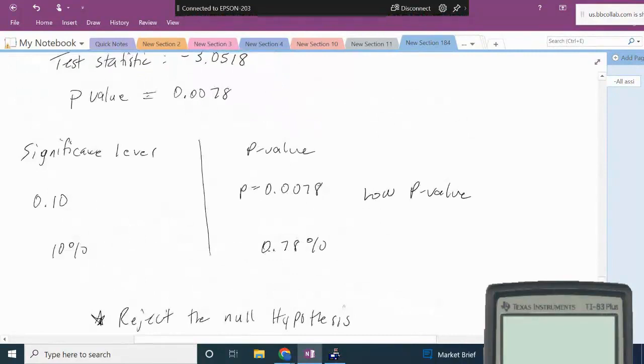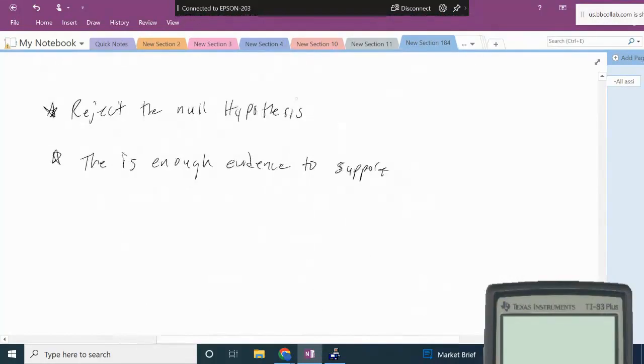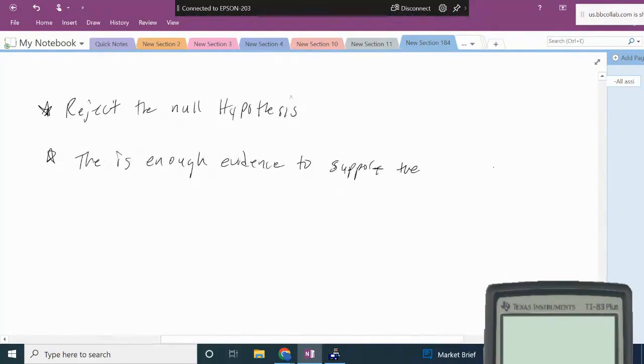And the alternative hypothesis is that the means are different. So there is enough evidence to support the claim that there is a difference in mean temperatures.